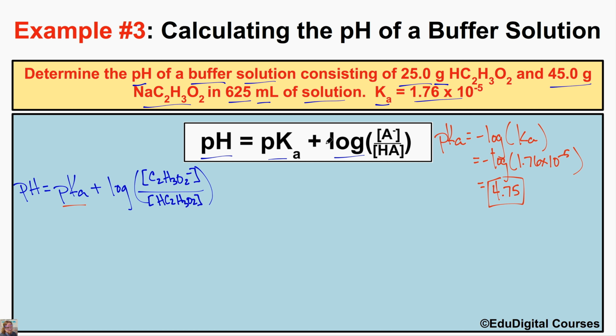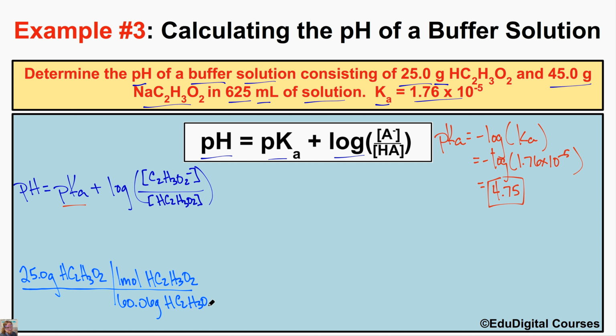We have 25.0 grams of HC2H3O2. We know that 1 mole of HC2H3O2 is going to be equal to 60.06 grams of HC2H3O2.